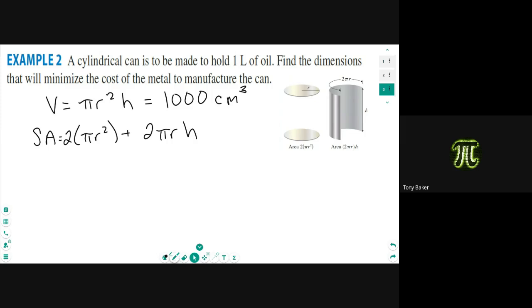So we're trying to minimize the metal, right? So we're trying to minimize area. So this is the equation I want to use for my derivative. I've got two letters, R and H. I can only do one letter. So somehow I've got to get rid of one of the letters and replace it with something else. So use the volume equation to find one of those letters.